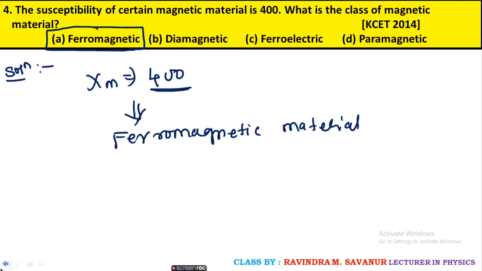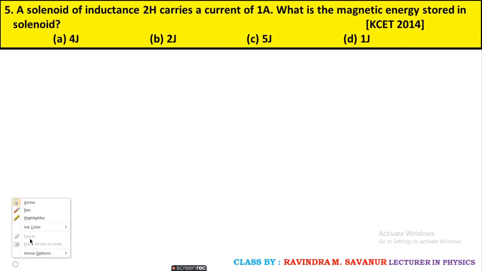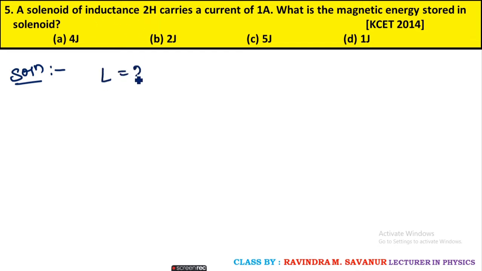Okay, move on to the next question. A solenoid of inductance 2 Henry carries a current of 1 ampere. What is the magnetic energy stored in that solenoid?